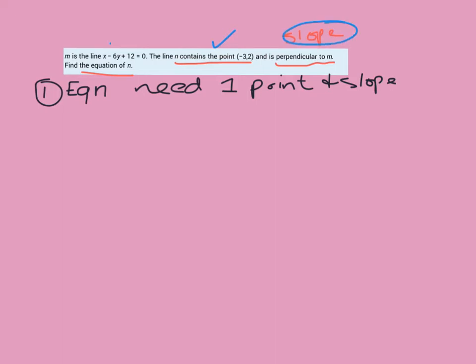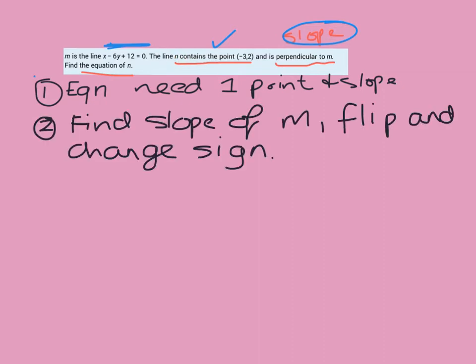Now, if we find the slope of this line, we know already that because this line n is perpendicular to m, well, we just find the slope of this, and then very simply we can just flip it, change the sign, and that gives me the slope of n.